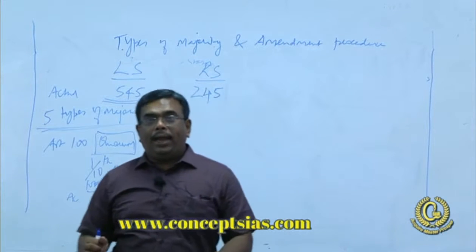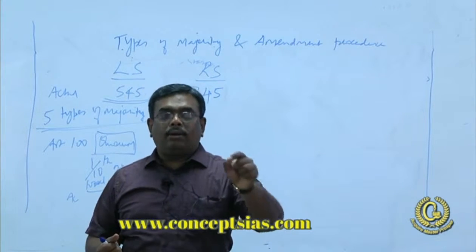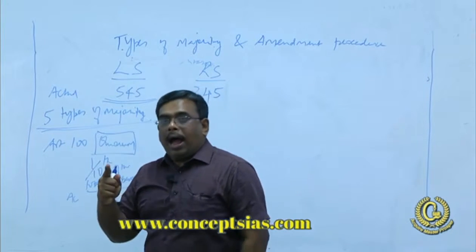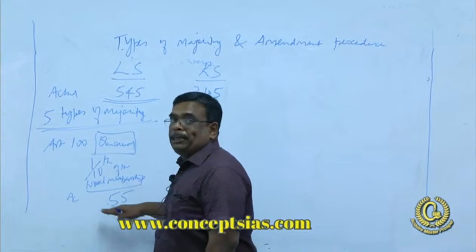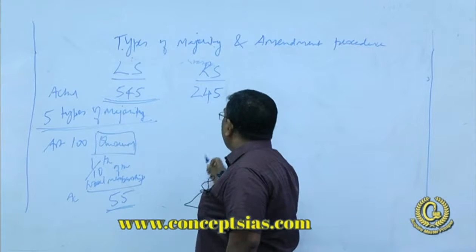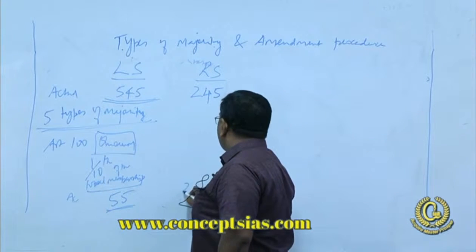So on any day, to have the business run or conducted in the Lok Sabha, there must be at least 55 members present. And what is the quorum for Rajya Sabha? 1/10 is 24.5, which works out to 25.